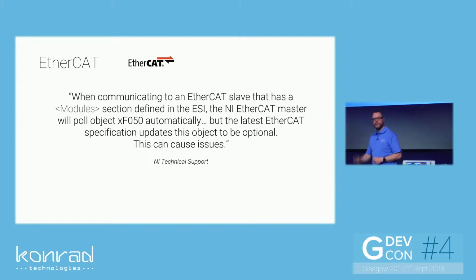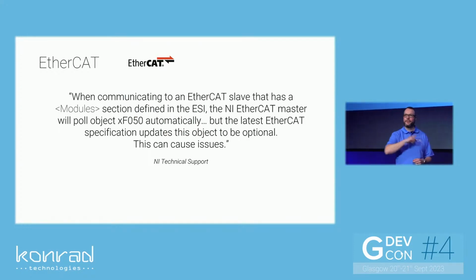I talk to NI, and the problem here with this particular Belden I/O link master is that, being a hub that talks to 8 other devices, it's called modular. So when communicating to an EtherCAT slave that has a modules section defined in the ESI file, the NI EtherCAT master will poll object F050 automatically.